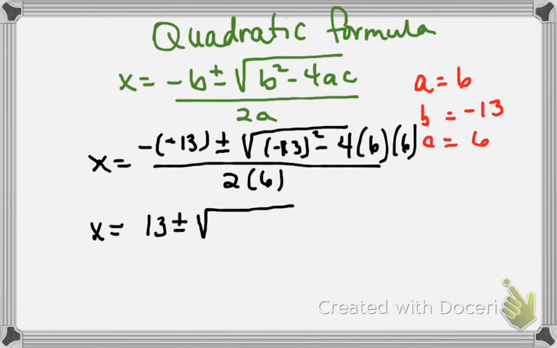Negative 13 times negative 13 is 169. Now we have a minus 4 times 6 times 6, and that's a negative 144, all over 12.